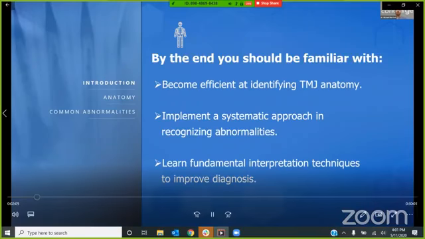So of course the temporomandibular joints are going to be there, and you'll be shocked, there'll be interesting findings in almost 50% of the population. Also, learn a fundamental interpretation technique to improve diagnosis. And again, I'll be looking at really the main unusual findings and pathosis that you'll see in the cone beam CT.